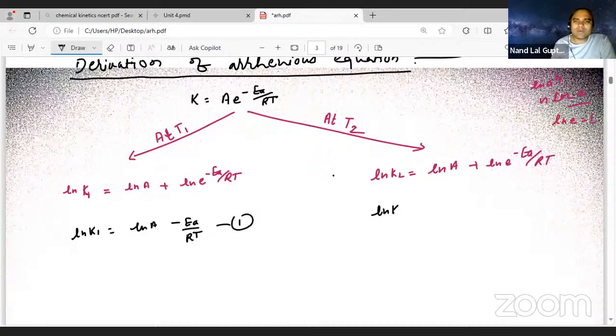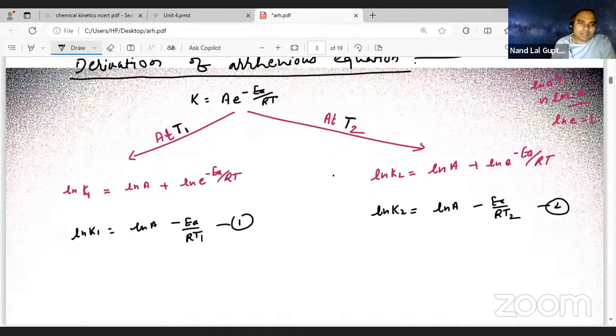So ln K1 is equal to ln A minus Ea upon RT1, and ln K2 is equal to ln A minus Ea upon RT2. We are talking about the lower temperature T1, and you are increasing the temperature to T2. So this becomes equation 2.